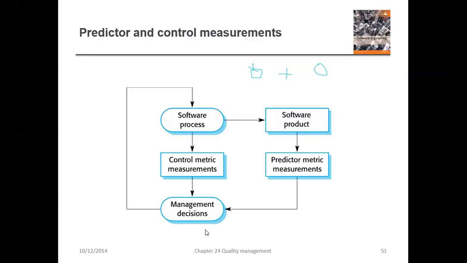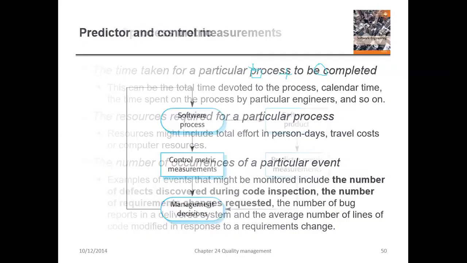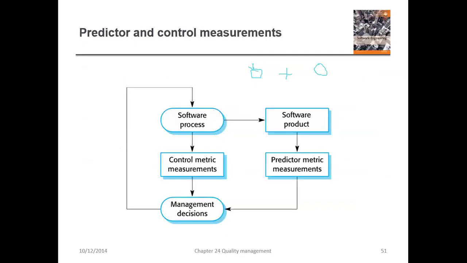When it comes to metrics, we have types of process metrics, and these are listed here: the time taken for a particular process to be completed, the resources required for a particular process, the number of occurrences of a particular event. And so you can see from this diagram, we have predictor and control measurements.